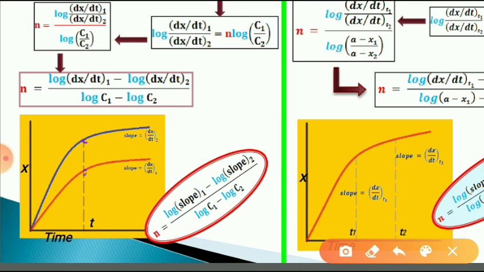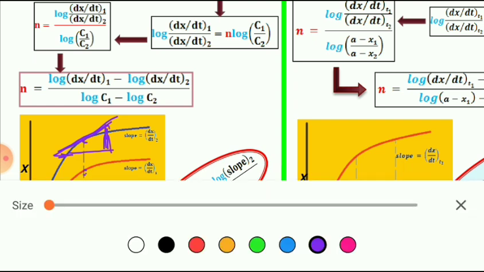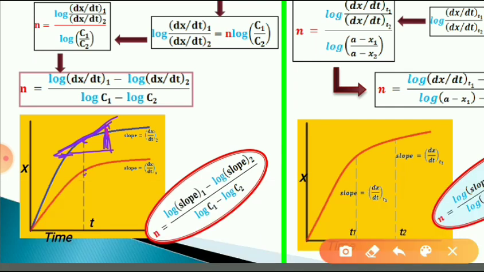For that we have to put a tangent on that point, touching the curve. Then we complete the triangle so that the two points exactly meet or touch the curve. From these two points, dx upon dt can be calculated.